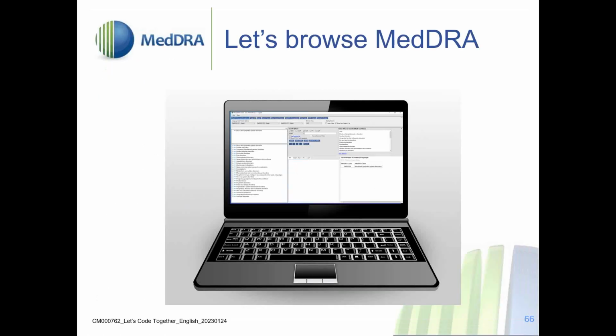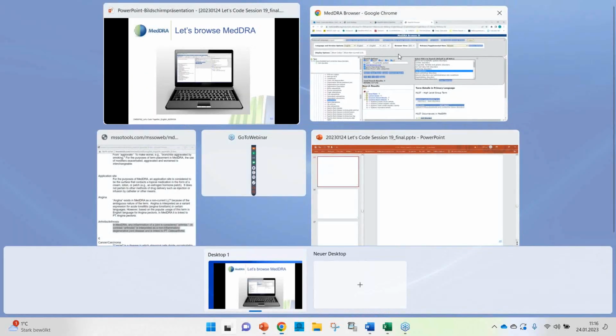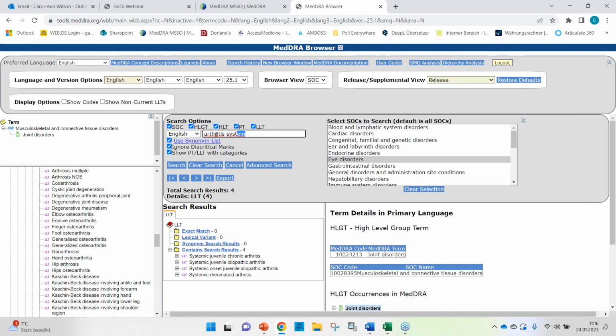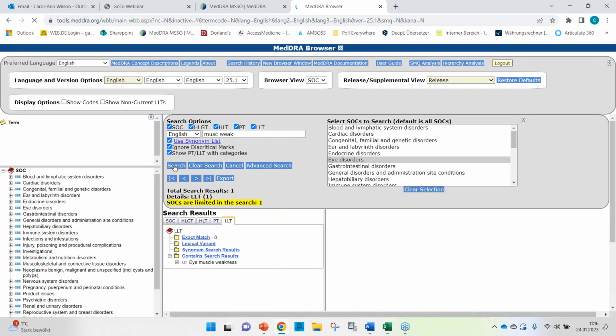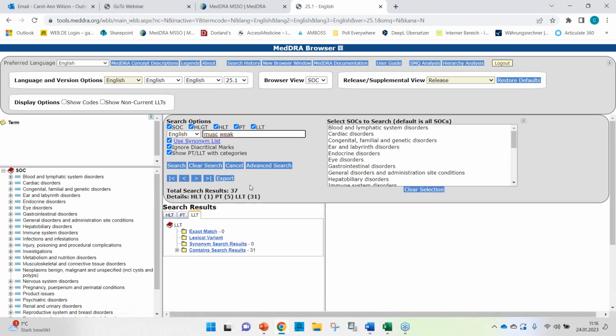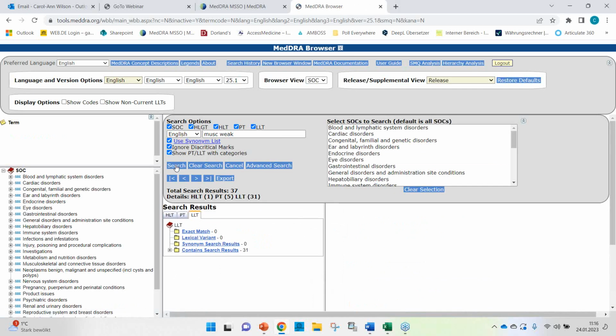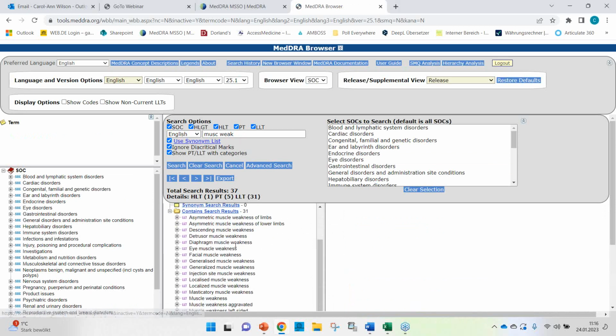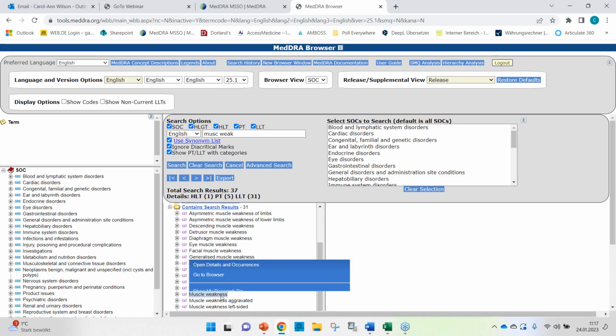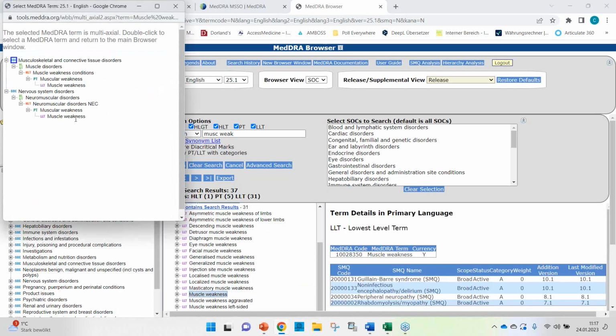Let me close this and again switch to the browser. And if I search for muscular weakness using word stems, I seem to have clicked something I didn't want to. So here we have many hits, and here we have muscle weakness.